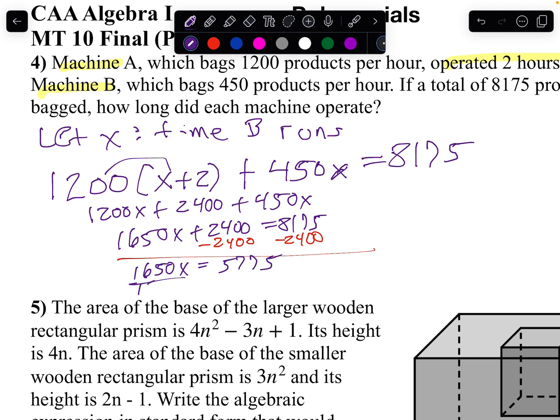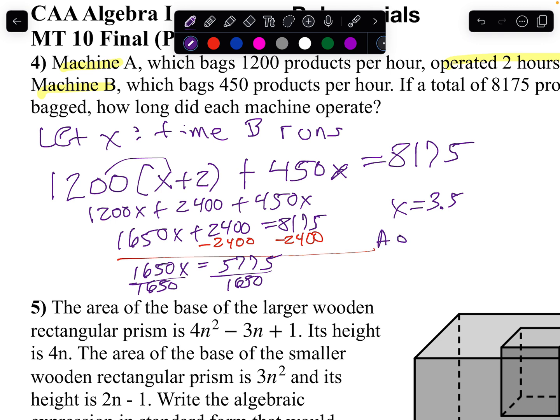Divide by 1650. If we take 5775 and divide it by 1650, you'll get 3.5 hours. So we're going to say machine A did 2 hours more than that.